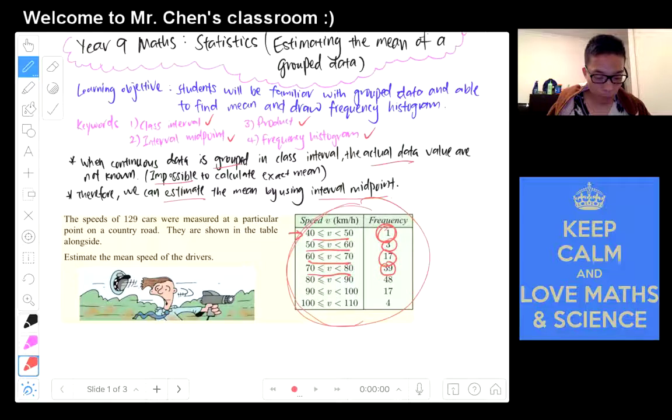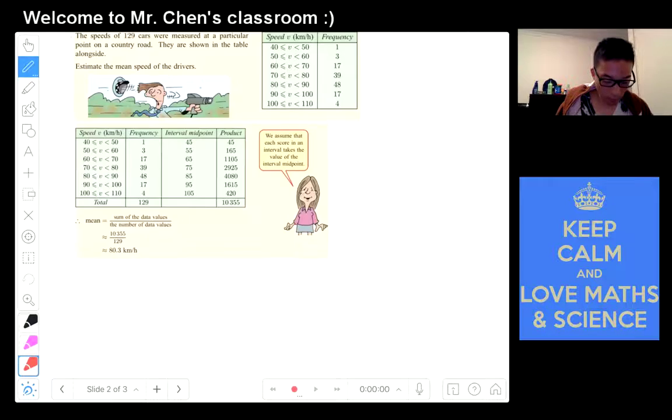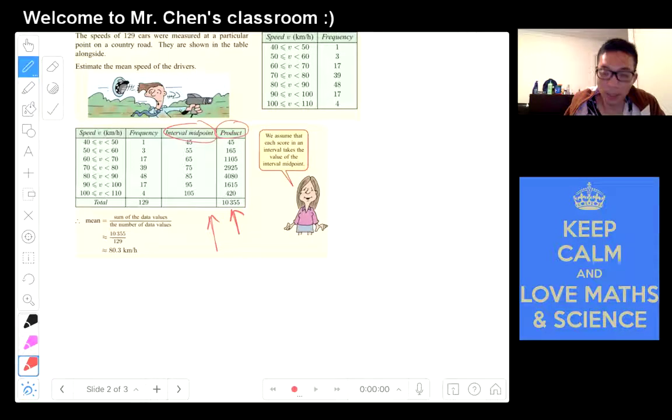So how do you do it? We're going to go to the next page. What happened is this, it has been done for you. However, I'm going to teach you how to find the mean of group data. First, you're going to have to create 2 extra columns. Column number 1 is the interval midpoint and column number 2 is the product.